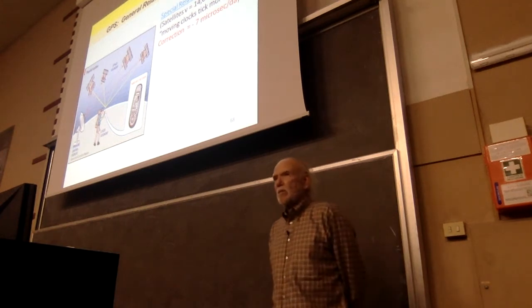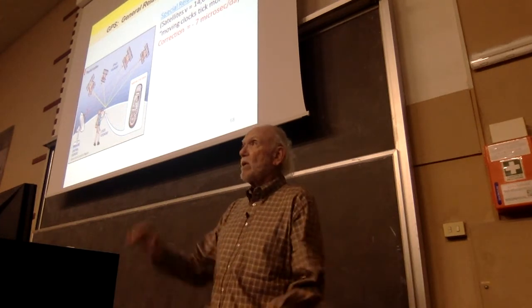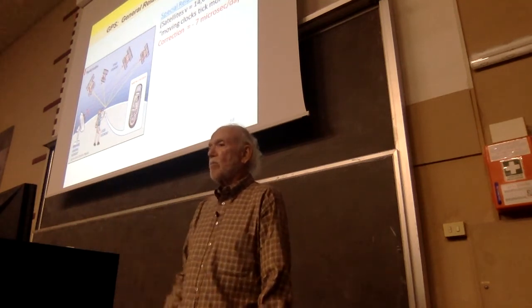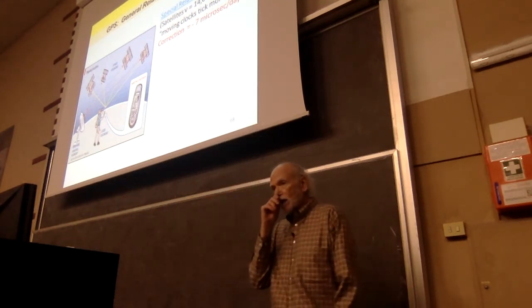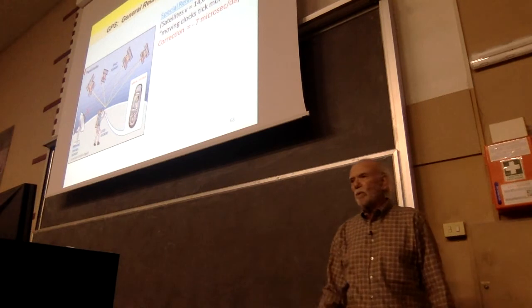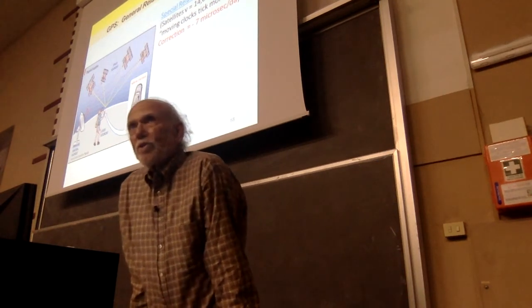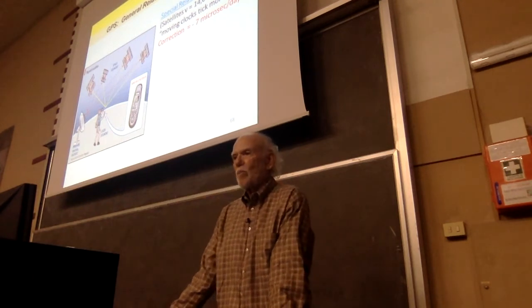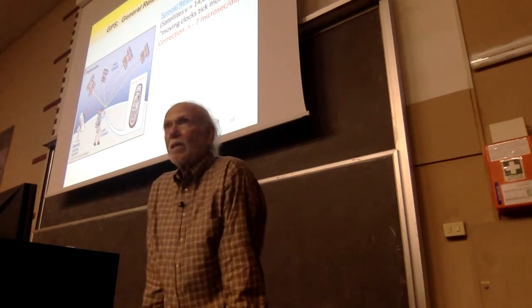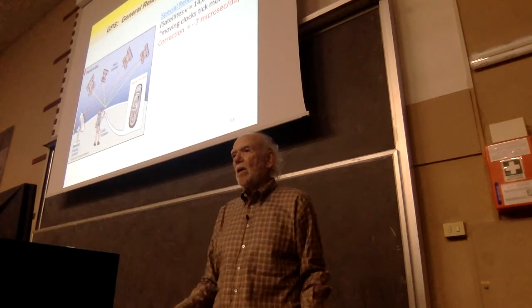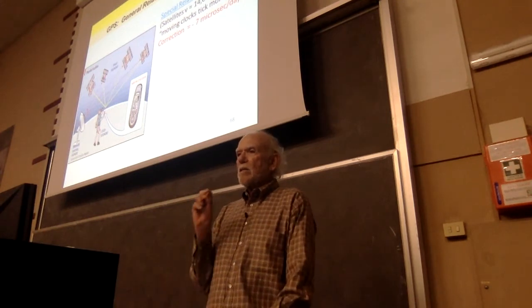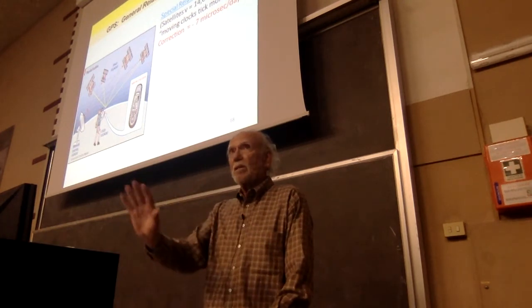The original GPS system is 24 satellites around the Earth. Each of the satellites is going at about 14,000 kilometers an hour. And one of the expressions we learn when we learn relativity is that moving clocks tick more slowly. It's what happens when you go fast. And that's special relativity, not general relativity.